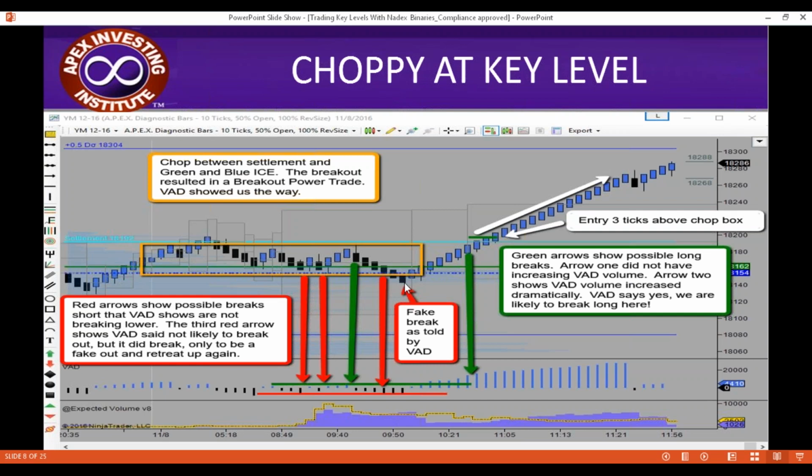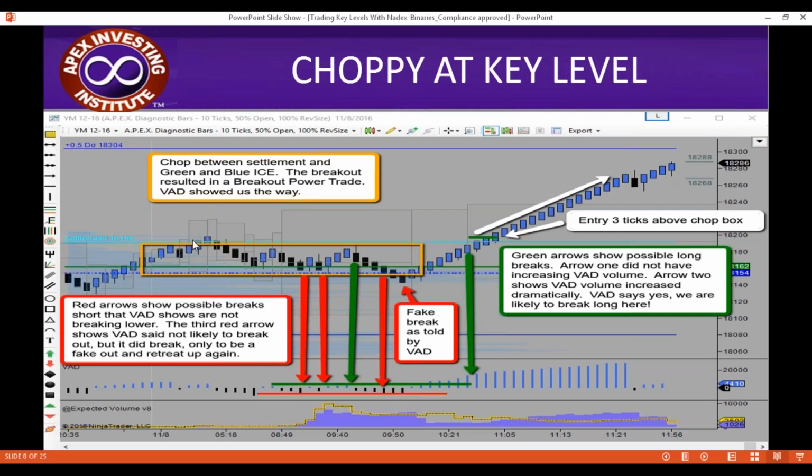Okay, and you'll almost always find that the market almost always does at least one fake break with these good trades. Sometimes two, though. Okay, but what is the difference here? So it made a fake break going south, and then it starts to come back up. And then see right here, as it's breaking out of the top of this chop area, what do you notice down here?